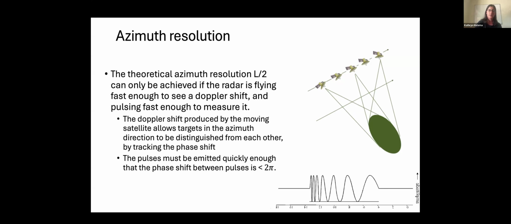Next, with the Doppler shift, high frequency is blue shifted and low frequency is red shifted, and as the satellite moves across the sky, it sees a target pixel first blue shifted as it moves towards it, and later red shifted as it moves away.